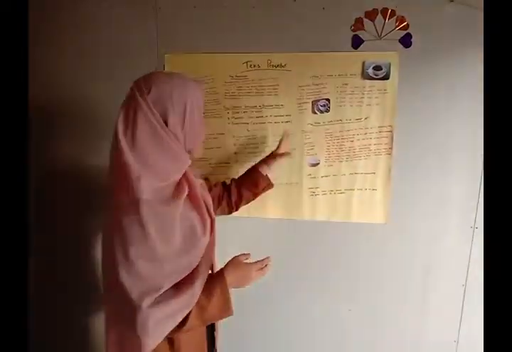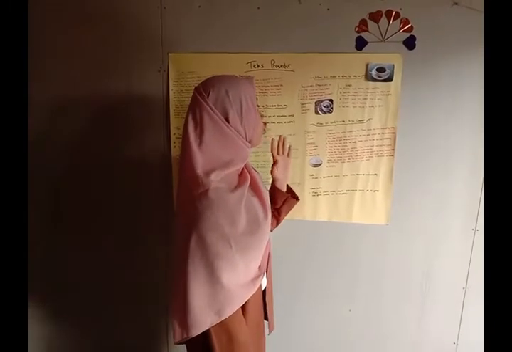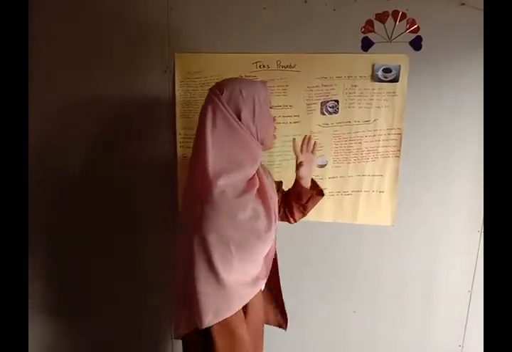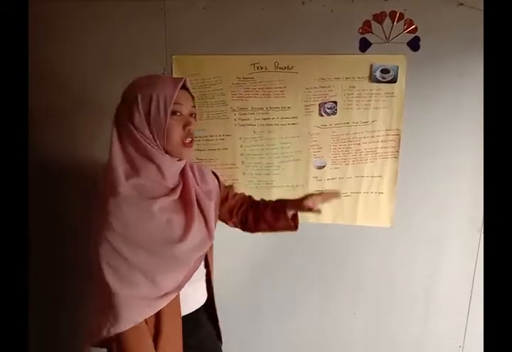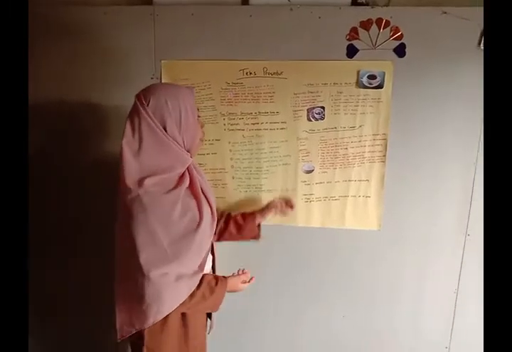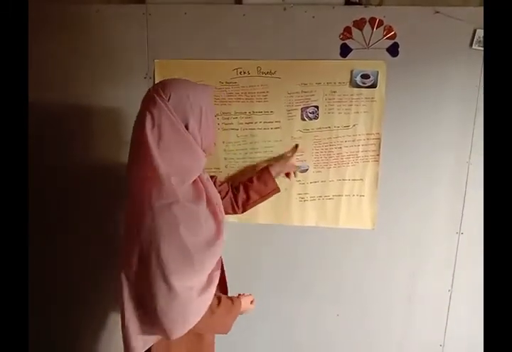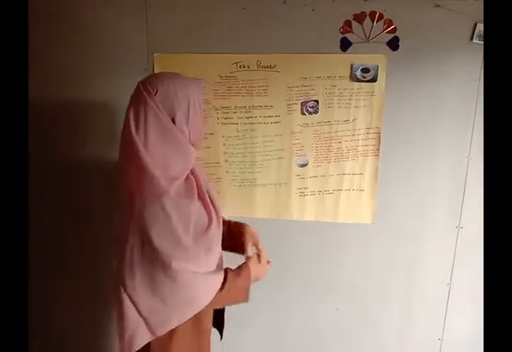And move to the second example here, how to cook rice using rice cooker. How to cook rice using rice cooker as the goal or the title. I have the material consists of ingredient and equipment.